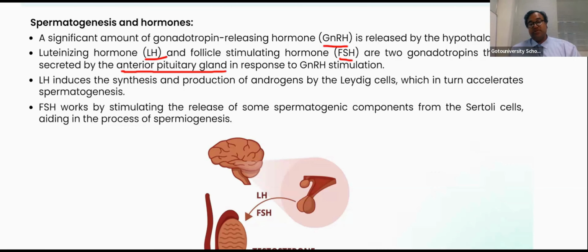This LH is responsible for influencing the Leydig cells to make androgen. Okay, Leydig cells are influenced by LH so that you're getting androgen, right? So this Leydig cell androgen is making the spermatogenesis process happen. The spermatogenesis process or sperm synthesis process is happening not in the Leydig cells, it is happening in the spermatogonium that we already told you about in the seminiferous tubule.